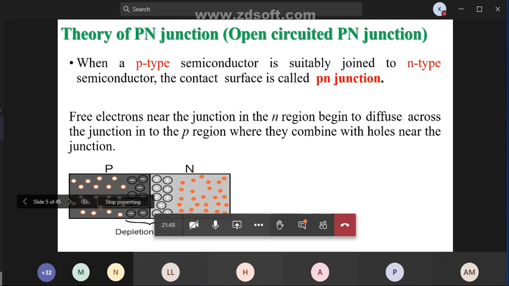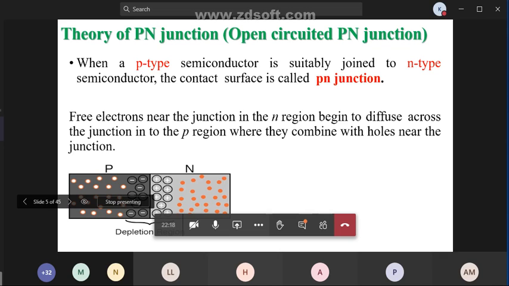See here, the free electrons near the junction in the n region begin to diffuse across the junction to the p region, where they combine with the holes near the junction. So here, this is called the junction. It is the junction between these two materials, p-type and n-type materials.